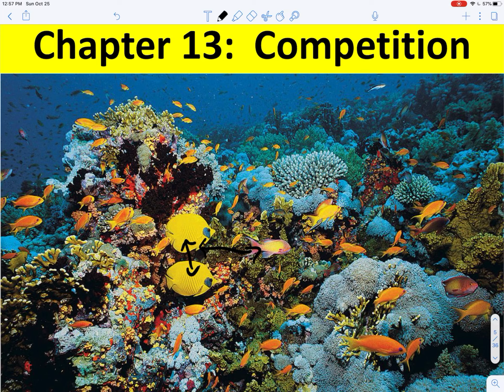If you're thinking about some of the competitive interactions that may happen on this coral reef, you can think about competition for space, for food, for mates. There's a lot of different types of interactions that can be happening here.